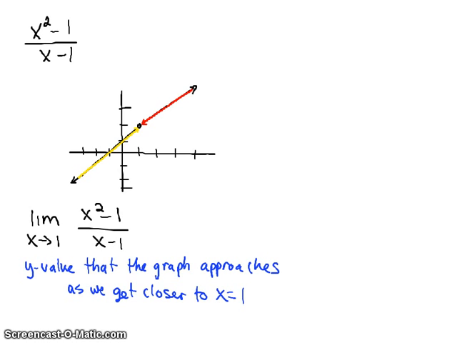So that in and of itself tells us our limit is 2. We're getting closer and closer to the y value of 2. Even though we'll never be that y value of 2, it doesn't matter. The limit just wants to know what value we are getting closer to. So we can say our limit equals 2.